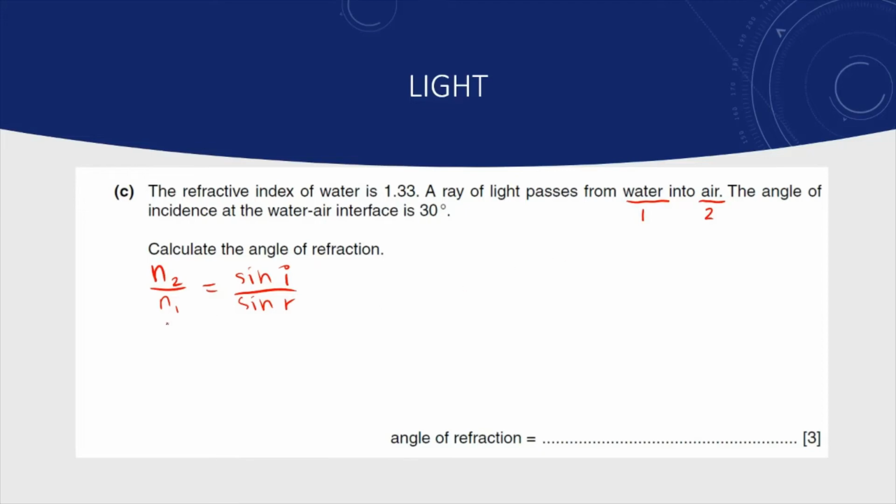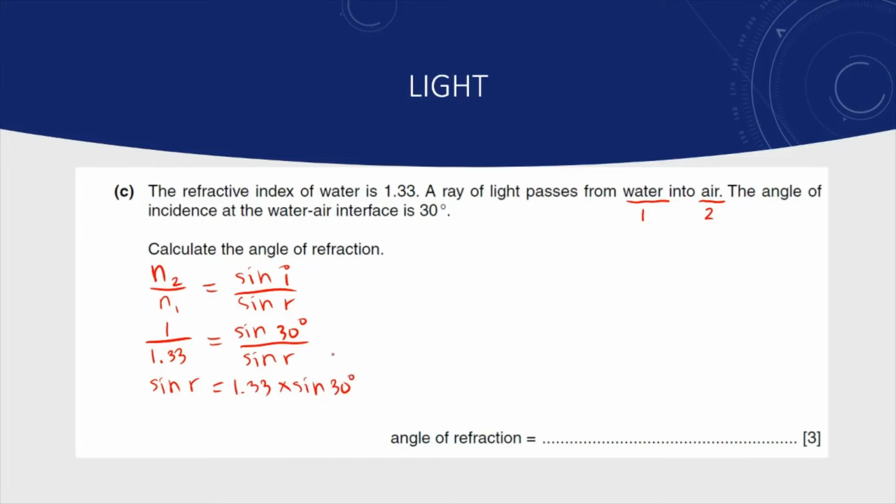So N2 equals 1 and N1 equals 1.33. So 1 over 1.33 equals sine of 30 degrees over sine R. This gives us sine R equals 1.33 times sine of 30 degrees.